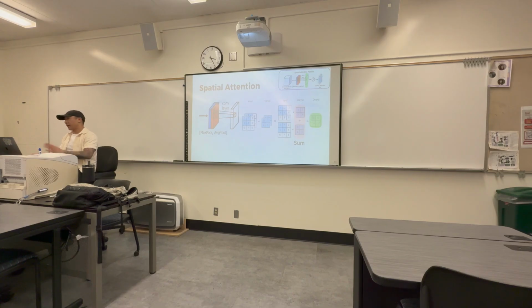We want a 1 by height by width, and so in order to do that, we sum it up, or like the computer on its back end sums it up. So if we're coding this, we're going to code out a convolution, a 2D convolution, because it's height by width. Our input channel is going to be the number 2 because of max and average pool. And then our output is going to just be a 1 by height by width.